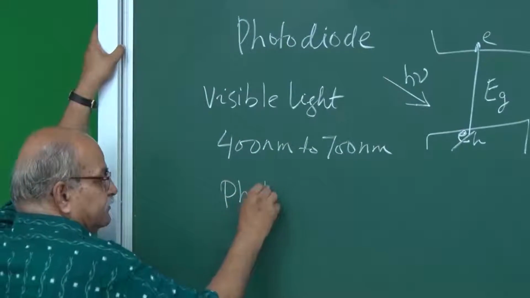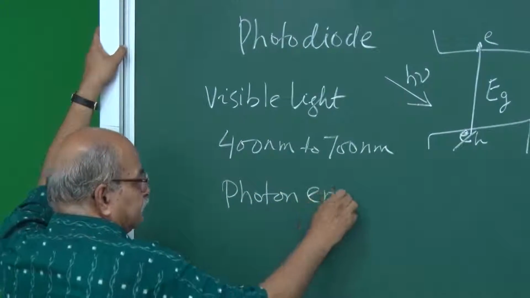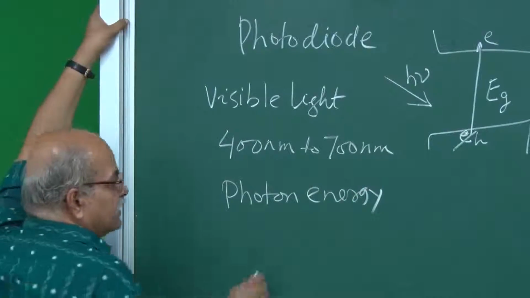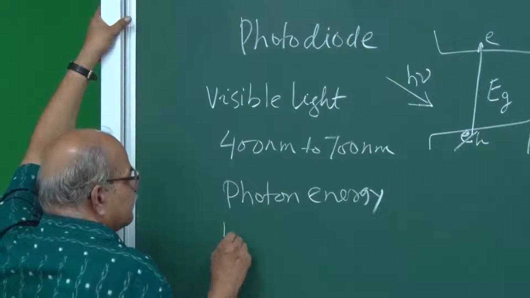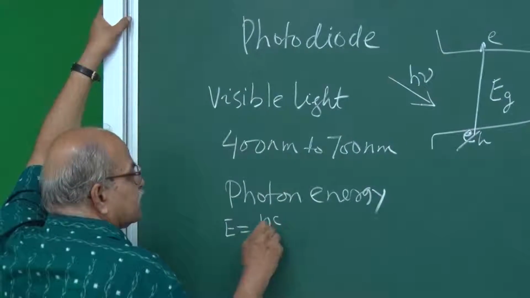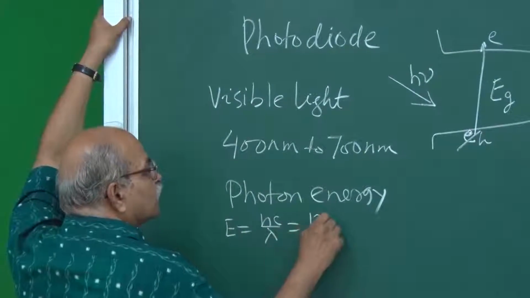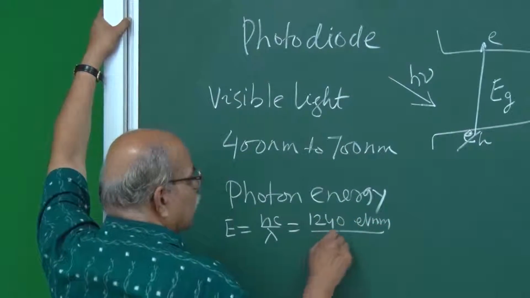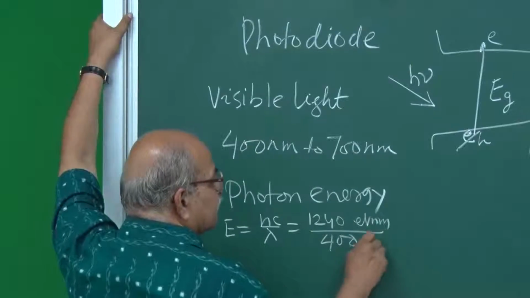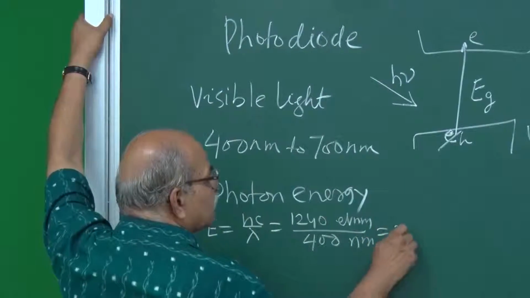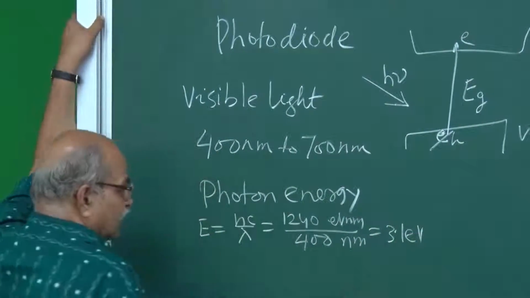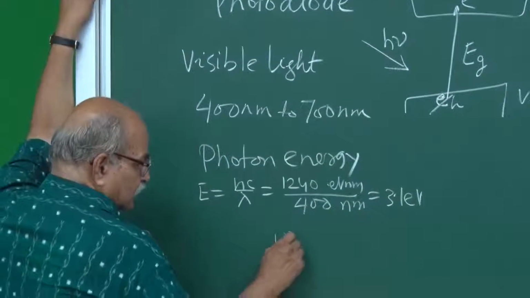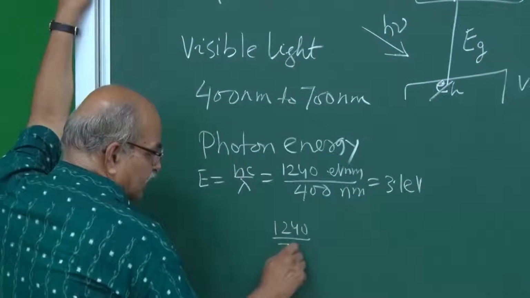Photon energy corresponding to this visible light, this energy will be hc over lambda, 1240 eV nm over say 400 nm. That will give me 3.1 electron volts, and then for 700 nanometers, this 1240 over 700.